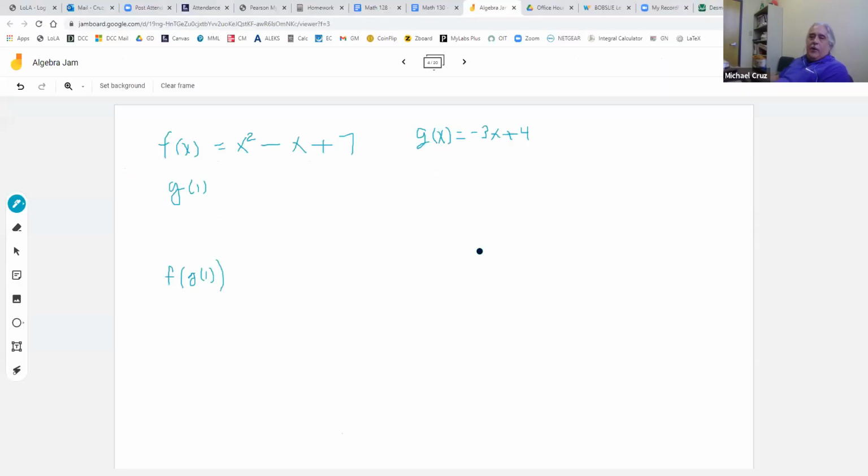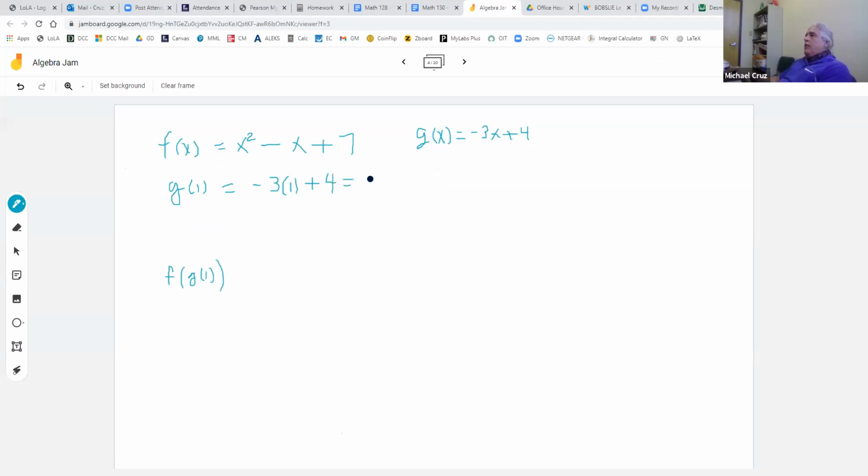All right, so this is that problem I just wrote. To find g of 1, we go to this function here and put in 1 for x and see what it is.